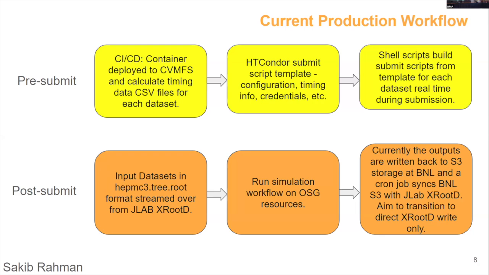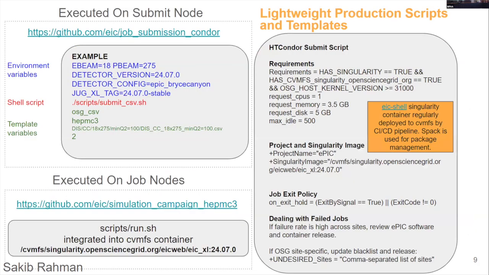All right, but 1 minute. So I just put the template that we currently have. That's the call that we put on the submit node. It executes that shell script that takes in a bunch of parameters and environment variables.